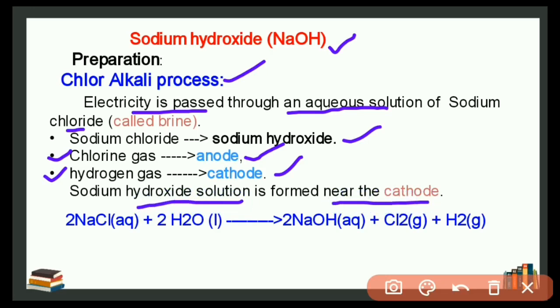The chemical reaction is NaCl plus 2 moles of water gives 2 moles of sodium hydroxide, and chlorine and hydrogen gas are released as byproducts. So our main product is sodium hydroxide. Since sodium hydroxide, a base, and chlorine are formed, this process is called the chlor-alkali process.